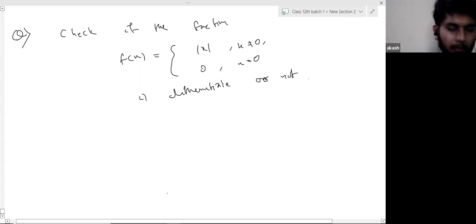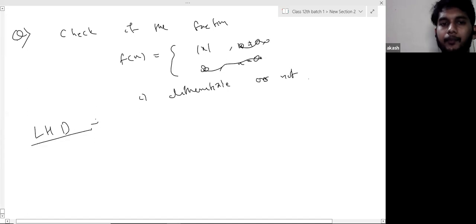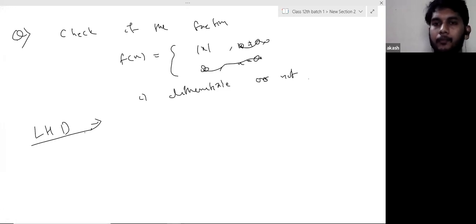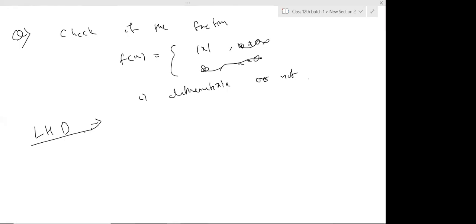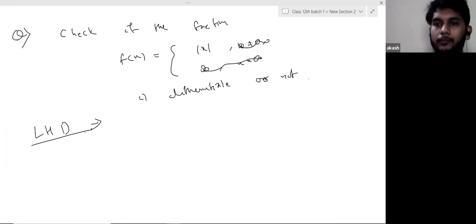All right. Solve this. You don't have to write like this. f(x) is mod x. Is it differentiable or not? So what we have to do? LHD. Can anyone tell me what will be LHD here? Whenever we see mod function, what we do?